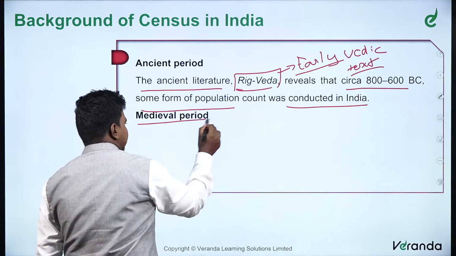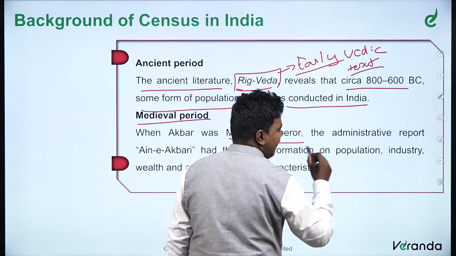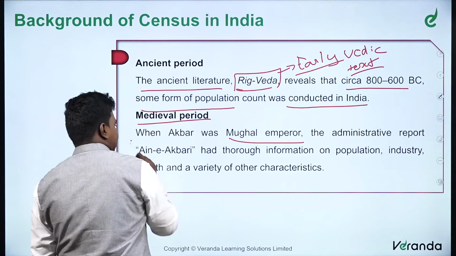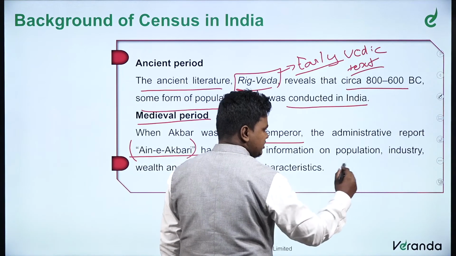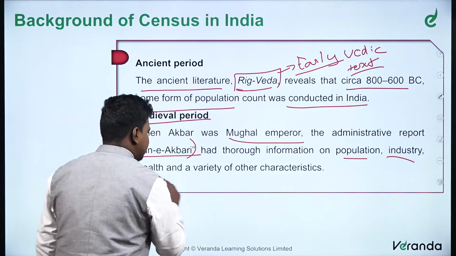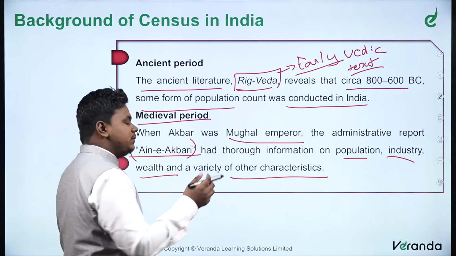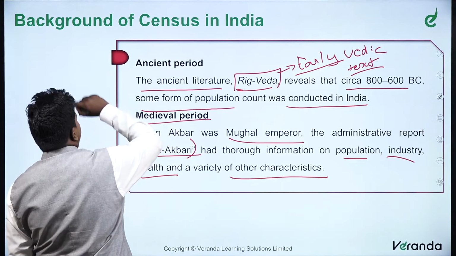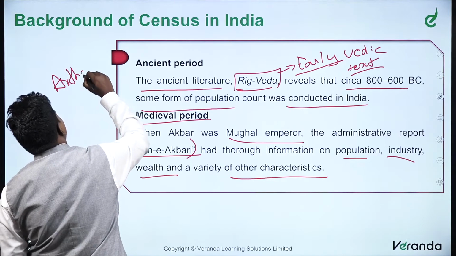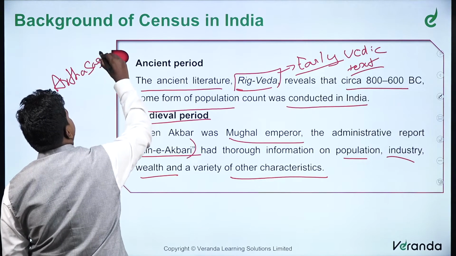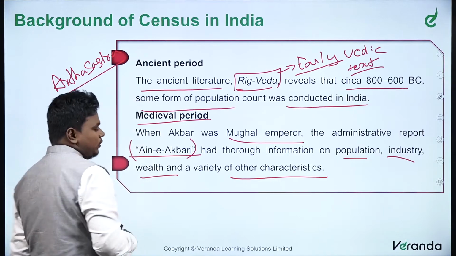Further, in the medieval period, when Akbar was the Mughal emperor, the administrative report Ain-e Akbari had thorough information on population, industry, wealth, and a variety of other characteristics. Even before that, in the ancient period, we have the Arthashastra by Kautilya, which was written during the Mauryan period.